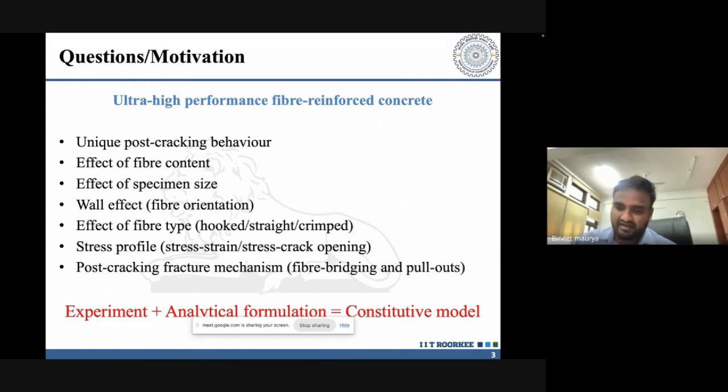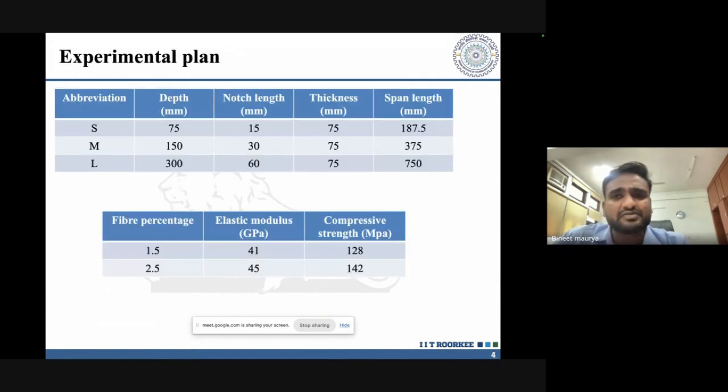So in our research also, we have tried to address all these questions. We have conducted experiments for varying specimen sizes. Here we have performed the flexural load test by considering geometrically similar beam specimens, and we have also considered two different fiber percentages, that is 1.5 and 2.5, again by volume.